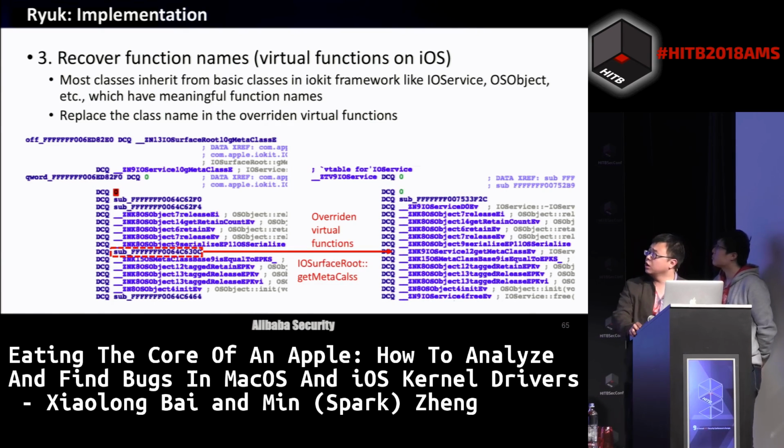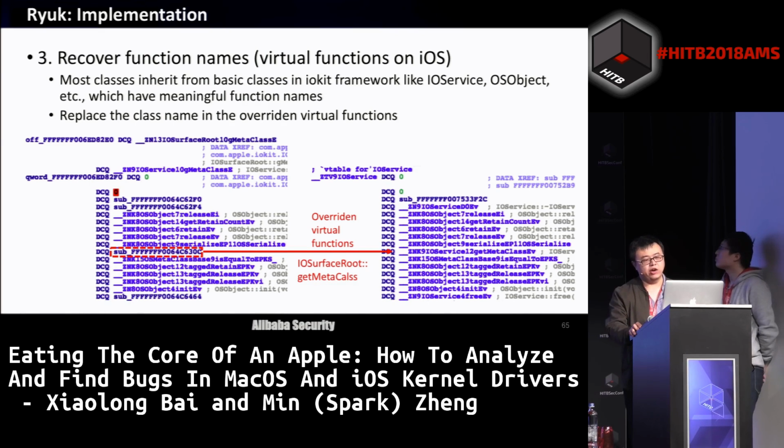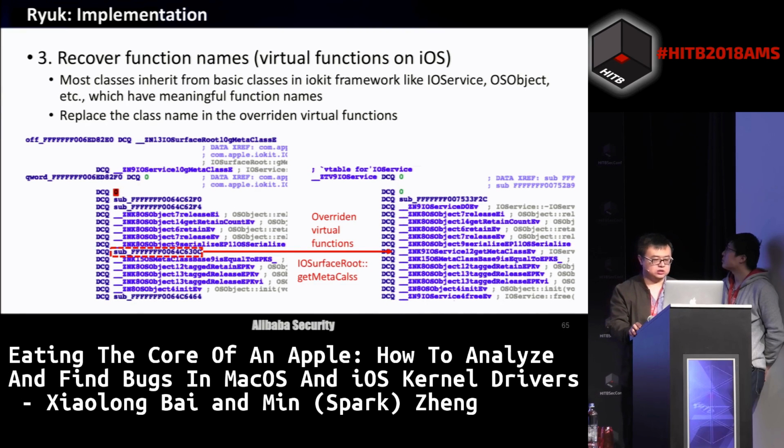And we only perform this analysis for virtual functions on iOS because we know that most classes in iOS kernel drivers inherit from basic classes in the IOKit framework, and the basic classes are IOService, OSObject, IOUserClient, exactly.